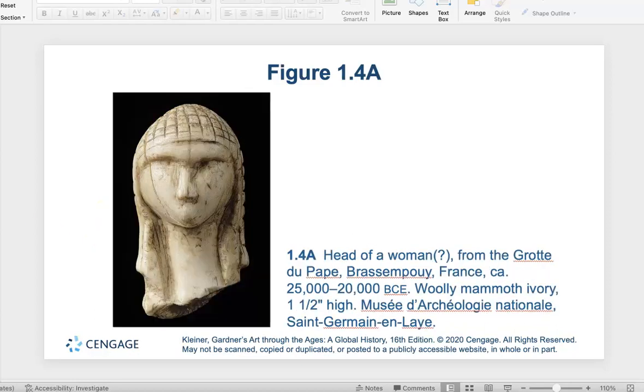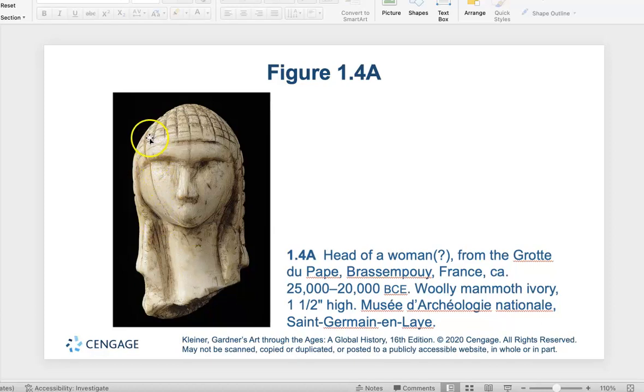Okay, there's also this one, the head of the woman from the Grotte du Pape in Brassempouy, France. Another woolly mammoth ivory figure. This is located in France. It's 1.5 inches high. You can see that it was probably part of something larger, like a larger figure, maybe like a Barbie doll, or the prehistoric world's version of a Barbie doll.